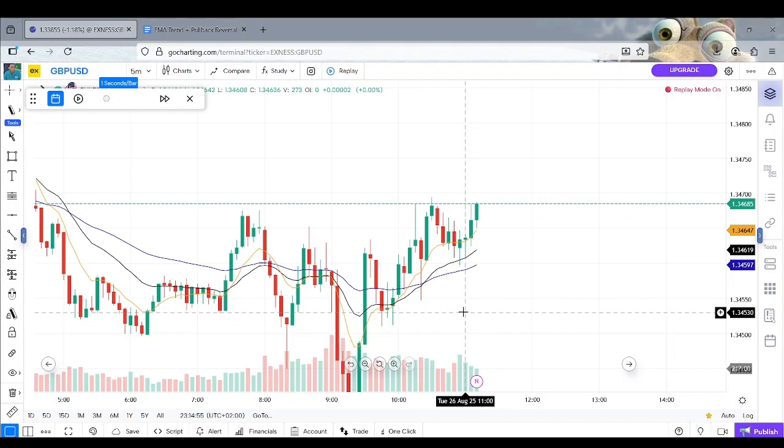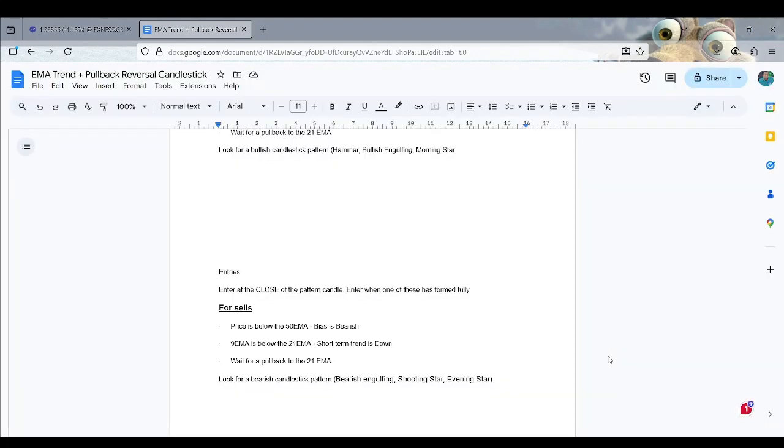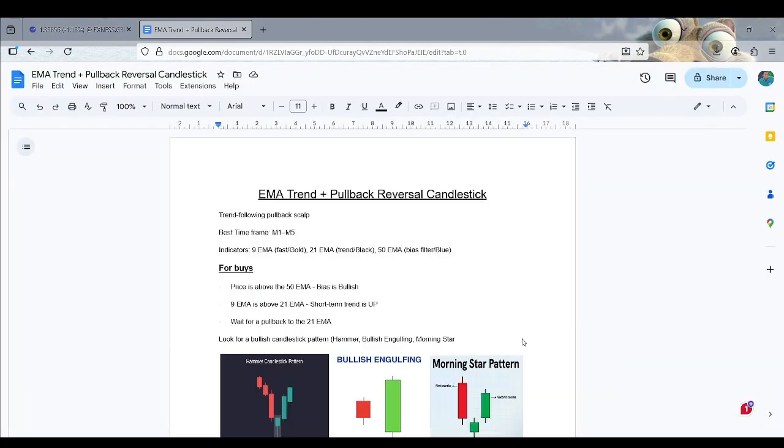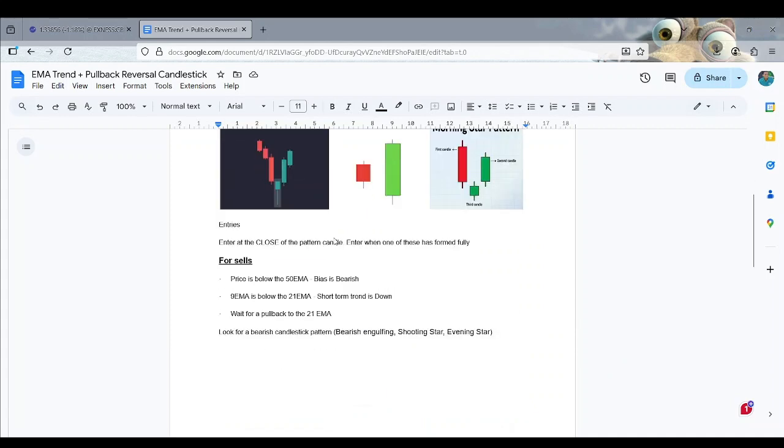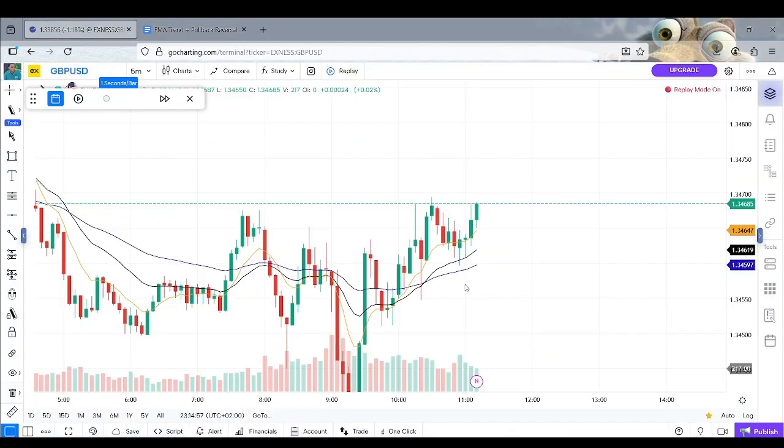The 11 o'clock candle. That's a hammer, right? Yeah, I'm sorry, right here is my hammer. It has a fair value gap. 11 o'clock candle hammer has a fair value gap following it. If that's not a clear sign to buy, I don't know what is.